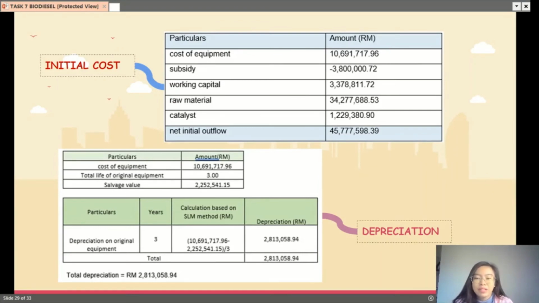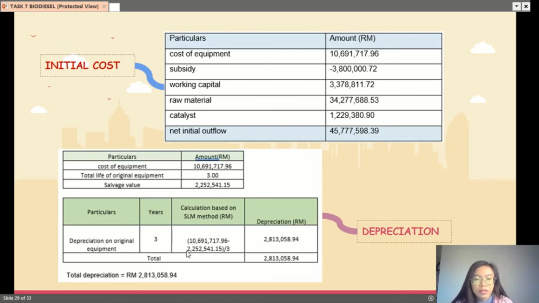Okay, the table below shows the depreciation calculation in our plant. For the depreciation, we calculate based on the formula: asset cost minus the salvage value, divided by the useful life of asset. Okay, what does it mean? Based on the first table, which is the particular table and the amount, the cost of equipment is our asset cost. We minus the salvage value, and divide with the useful life of asset.